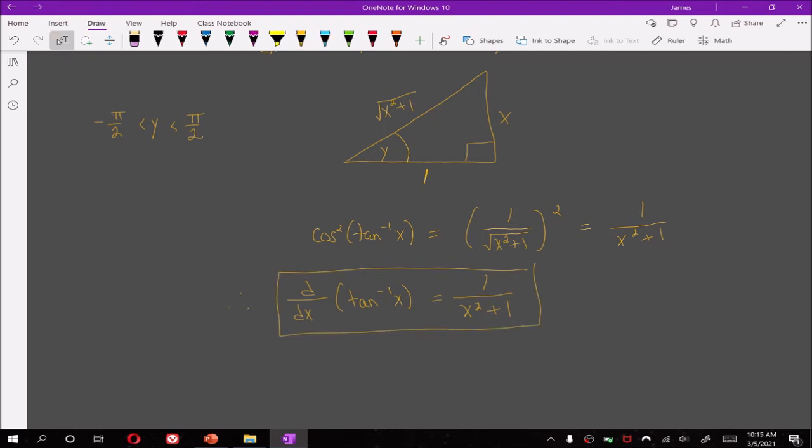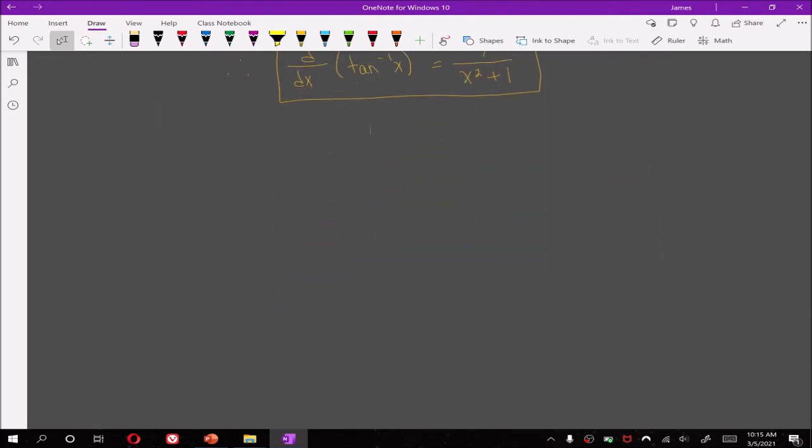Finally, we will now look at the inverse secant function. Just as with the previous two, we will write that to mean x is equal to the secant of y, and then use implicit differentiation on this latter equation. That is, d/dx of x will equal d/dx of secant of y.